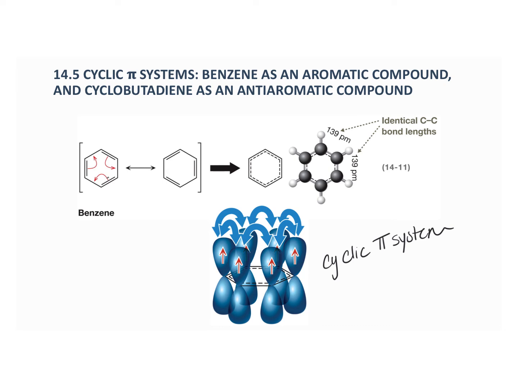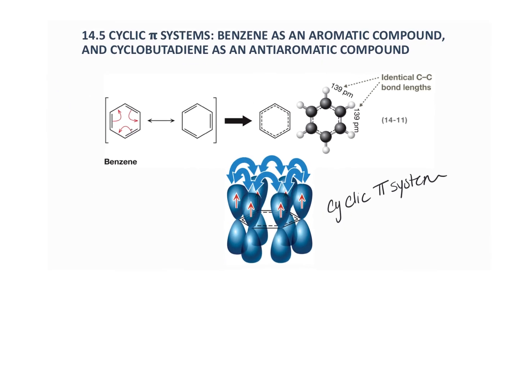Now, the delocalization of electrons around the entire ring of benzene has important consequences. The molecule is highly symmetric. It's also entirely planar. And all 6 of those carbon-carbon bonds are equivalent. Right?